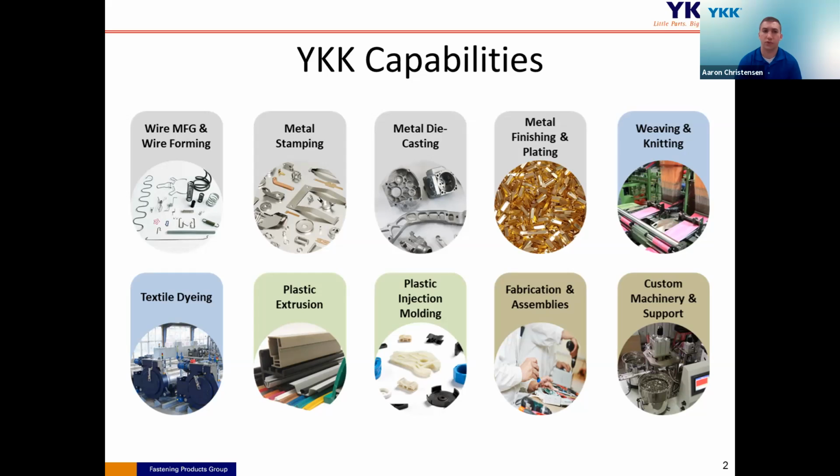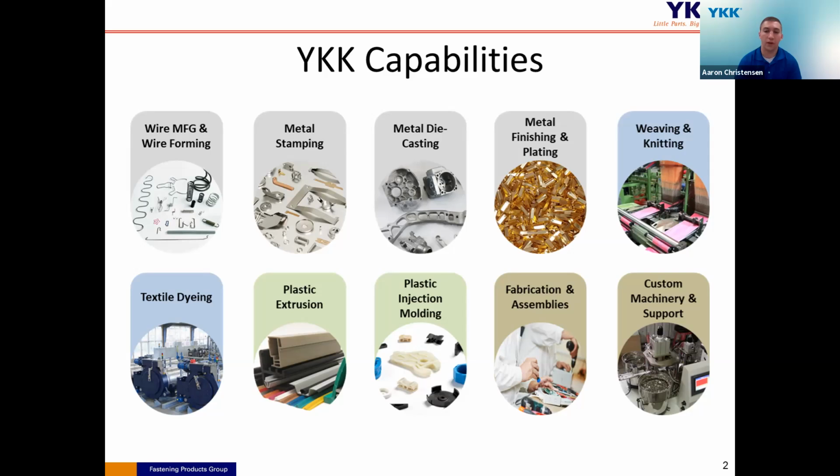This includes wire manufacturing and forming. With metals, we do stamping, die casting, finishing, and plating. On the textile side, we do weaving and knitting and dyeing. And as I mentioned before, with plastics, we do extrusion, we do injection molding as well. We've also gotten involved with fabrication and assemblies.